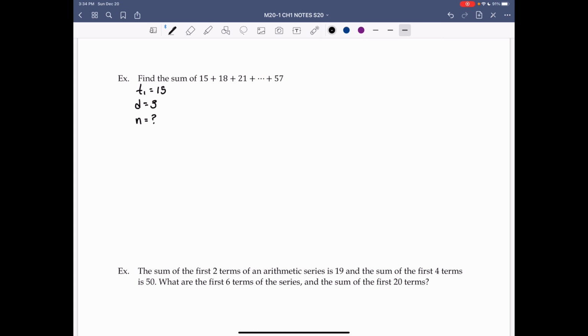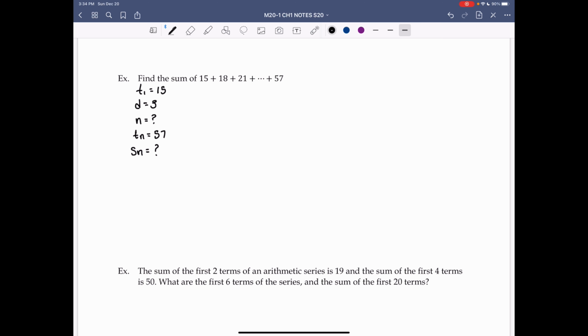We know that Tn equals 57, and we want to know what is the sum of the first n terms. So we need to figure out the n value before we can figure out the sum of those terms. So oftentimes for arithmetic series, you have to use the arithmetic sequence formula first to find a piece of information, and then you can use the sum formula to find your sum.